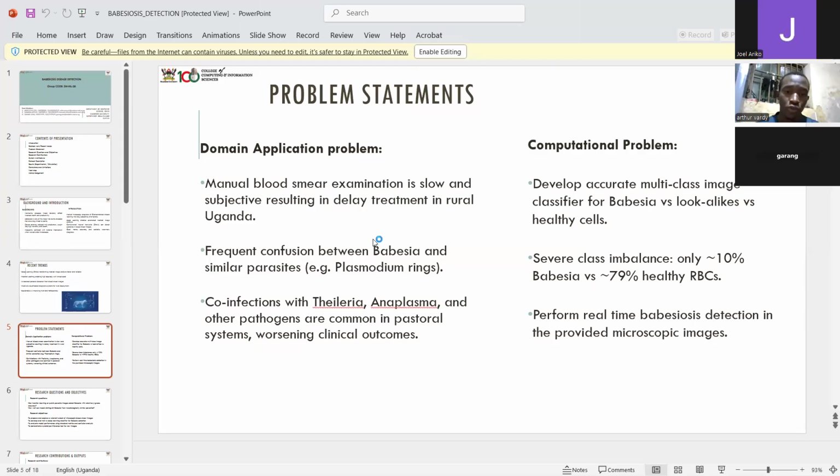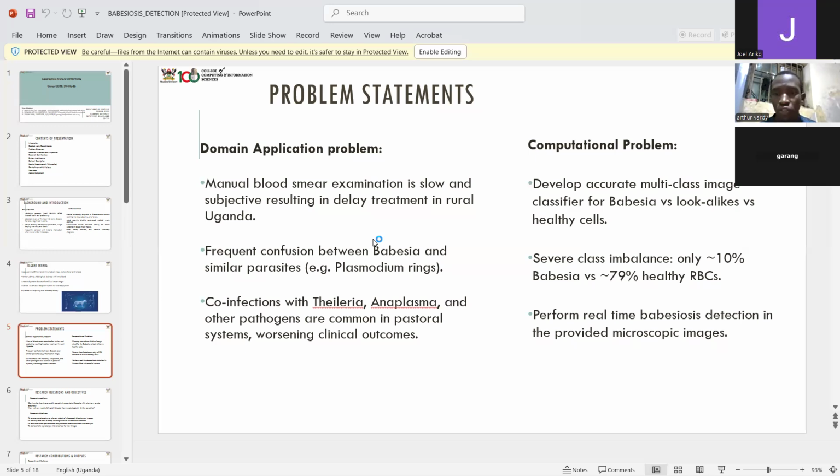Then there is frequent confusion between babesiosis and similar parasites, for example, the Plasmodium, which causes malaria in animals. Co-infections such as malaria, anaplasma, and other pathogens are common in pastoral systems, worsening the clinical outcomes. Those are some of the domain application problems that we are trying to solve.